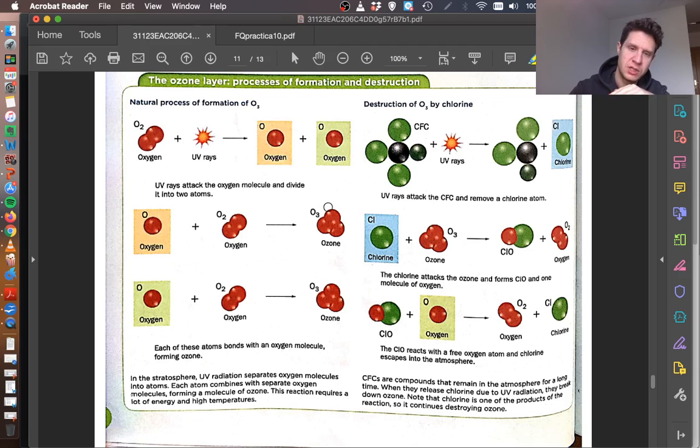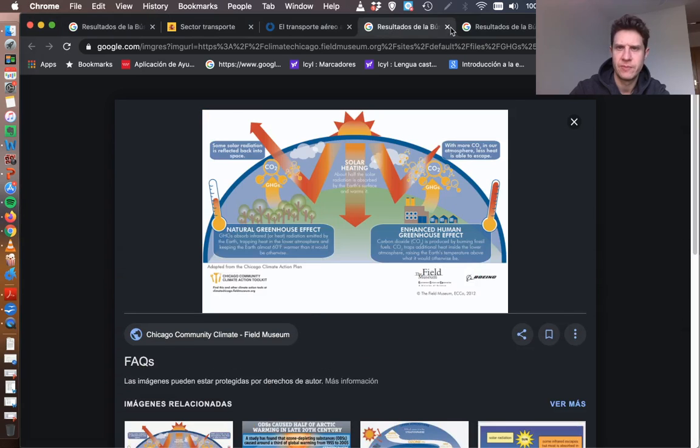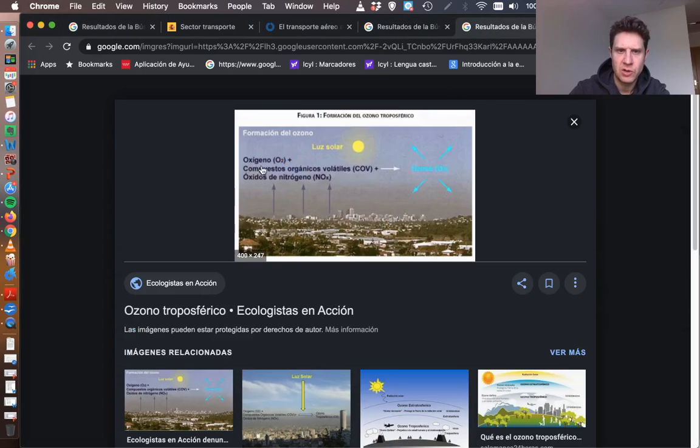Entonces se está produciendo un ozono troposférico, que es esto de aquí, ¿vale? El oxígeno más los compuestos volátiles, contaminación básicamente, más rayos UVA, se genera el ozono troposférico en esta zona, ¿vale? El ozono in this area.